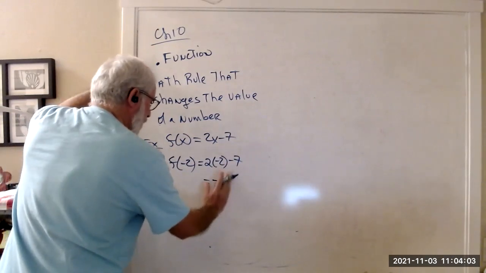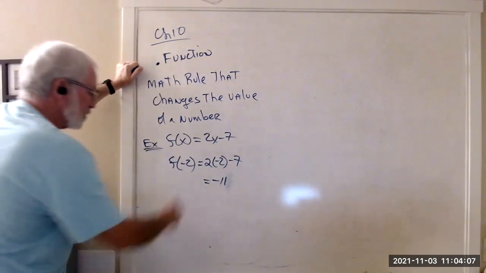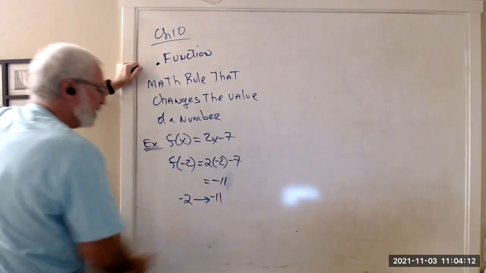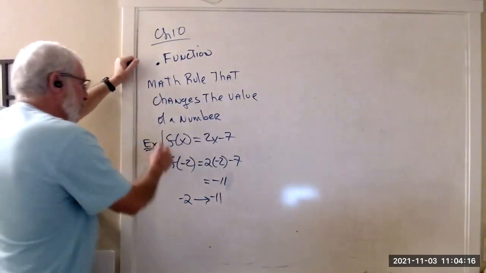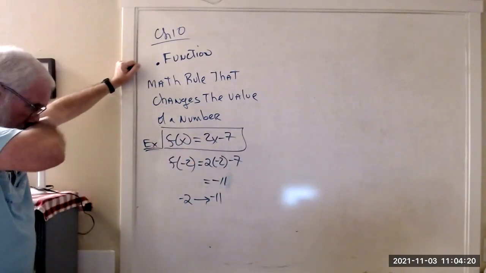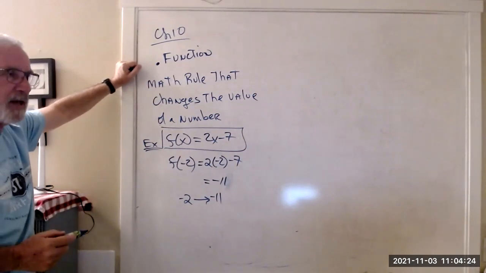Nope. Okay, almost made another mistake tonight. So somehow negative 2 got changed into negative 11 according to this rule that we called f of x. Well, we're going to add to that.